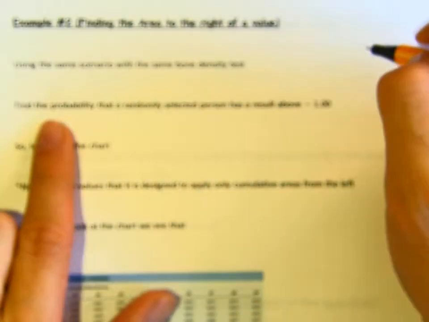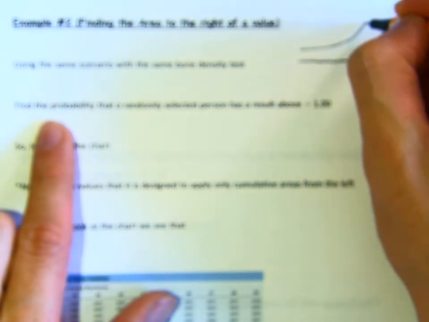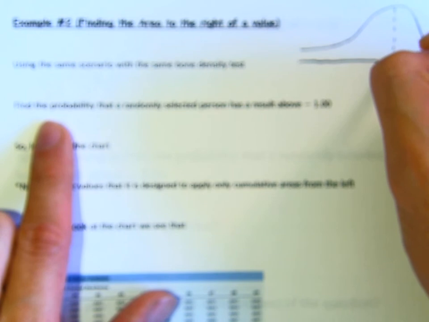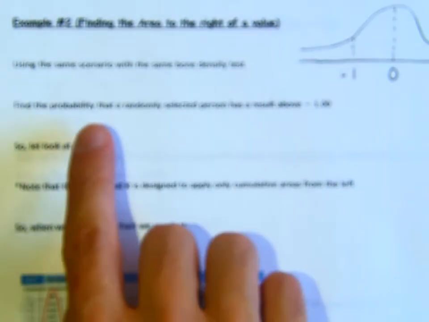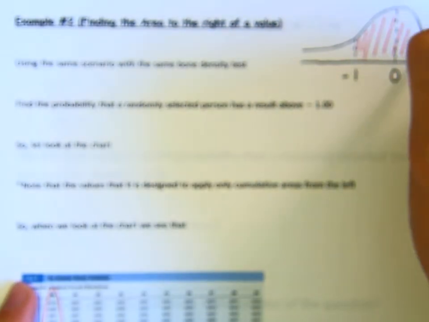So if we have a normal distribution, the center is 0, and where are we looking at? We're looking at -1. So -1 is here. Now the question is saying, find the probability that a randomly selected person has a result above -1. So notice that we want to find this area over here.